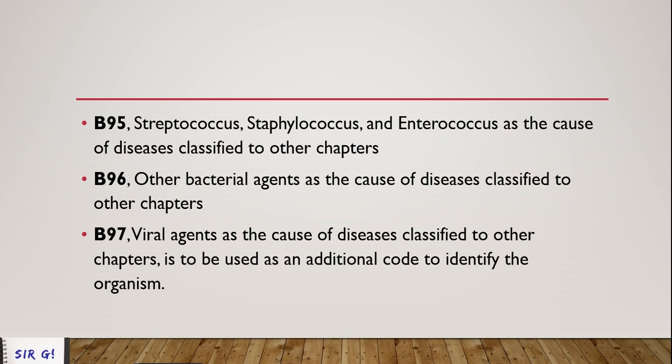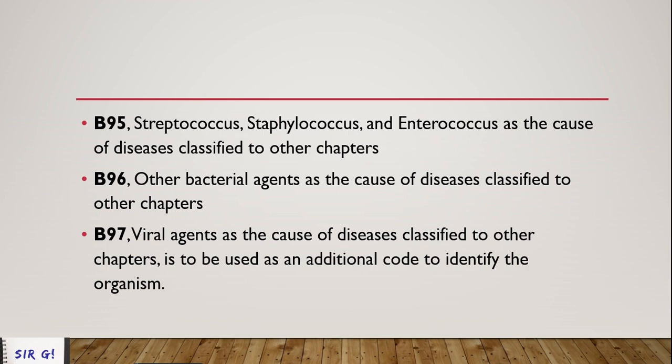So guys, if you're coding for COVID-19 confirmed patients, you need to code first for the infection or the condition, which is the pneumonia, followed by an additional code to identify the coronavirus. Just keep in mind B95, B96, and B97 cannot be a primary code.